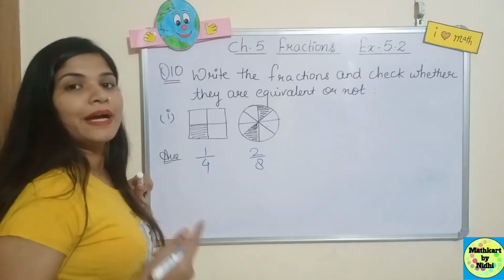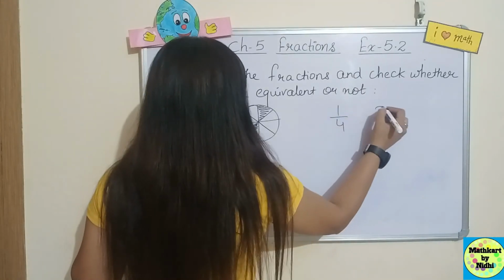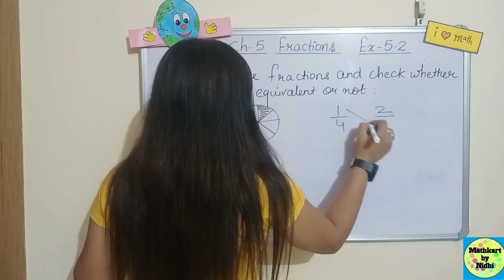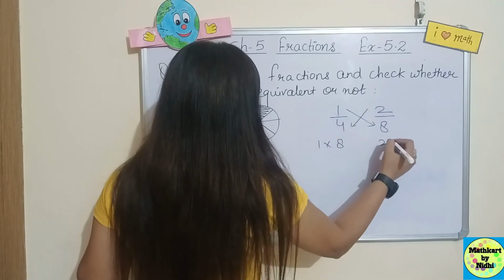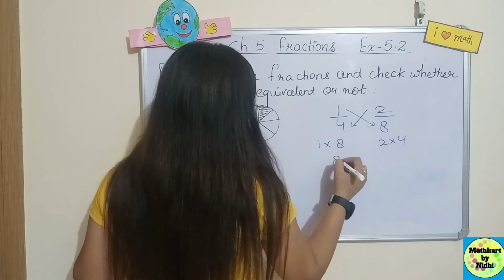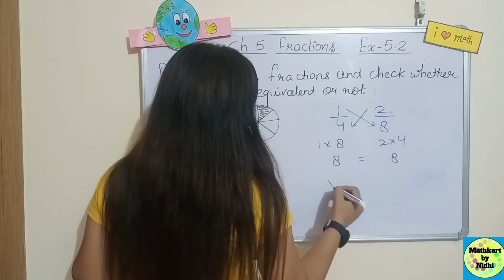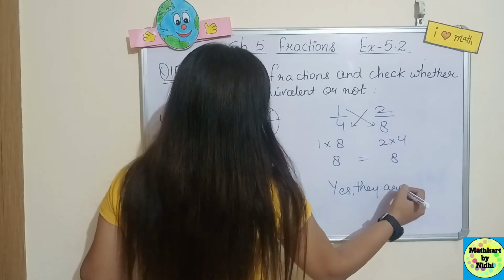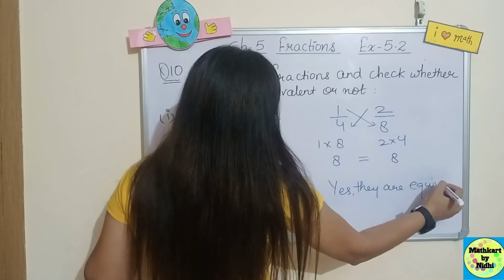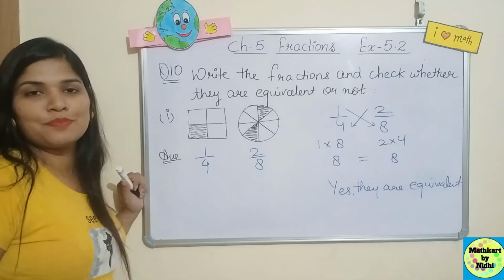Now let us use the cross multiplication method. 1 will be multiplied by 8 and 2 will be multiplied by 4. 1 8 is 8 and 2 4 is 8. Both are equal. So we can say yes, they are equivalent. As simple as that.